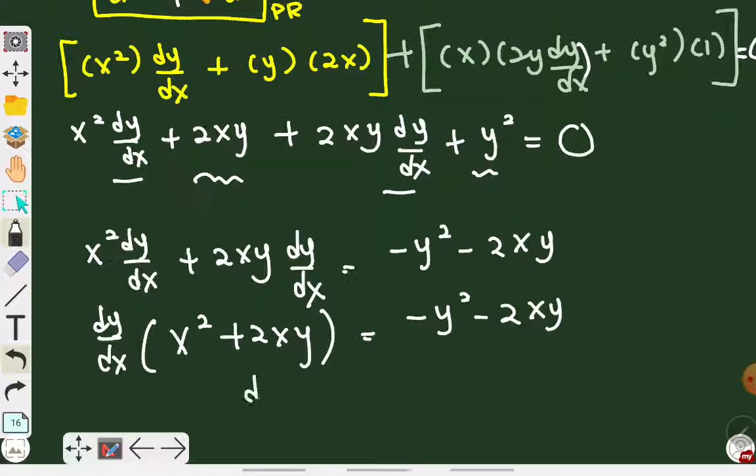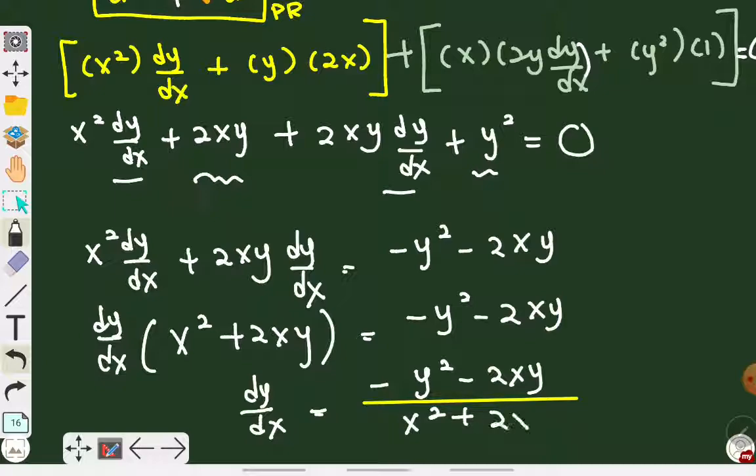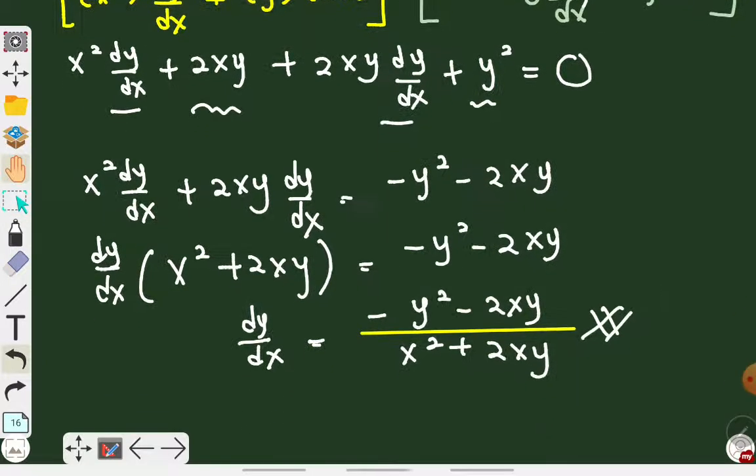And finally, we have that dy/dx equals negative y squared minus 2xy, divided by x squared plus 2xy. If you would like to factorize, it's also okay, but I think that it's better to factorize.